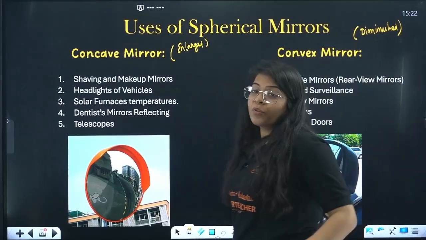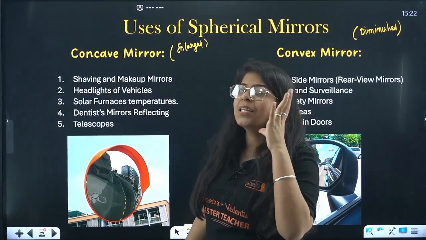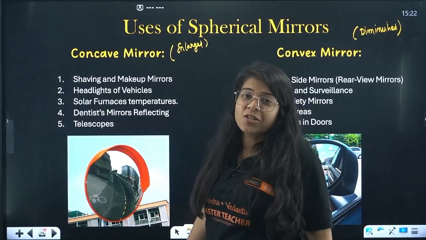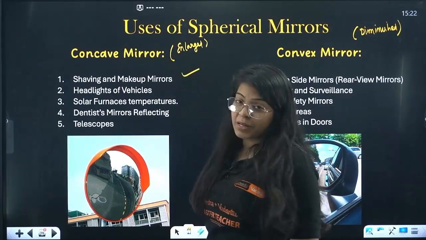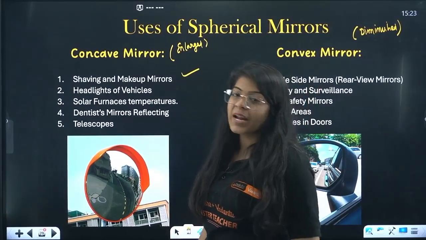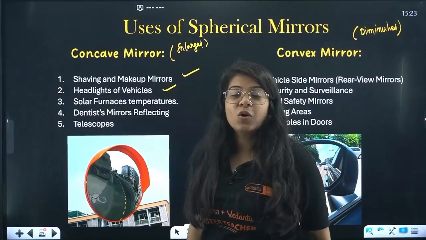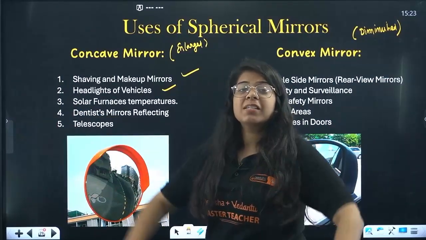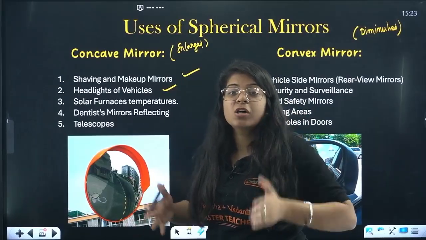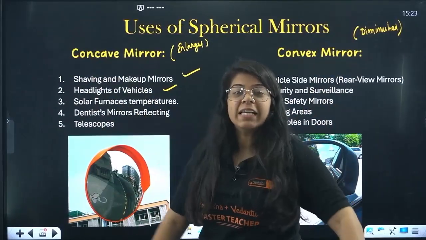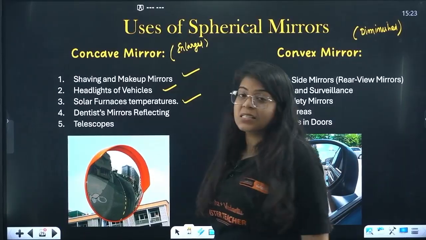So where do we need large image? When we are doing makeup, when we are doing shaving, we need the area to look a little bit large so that we can easily see it, right? So shaving and makeup mirrors should be enlarged. Headlights of vehicles, so they can light wider places. When we place the object at focus, the light goes till infinity. We need that in our headlights, right?